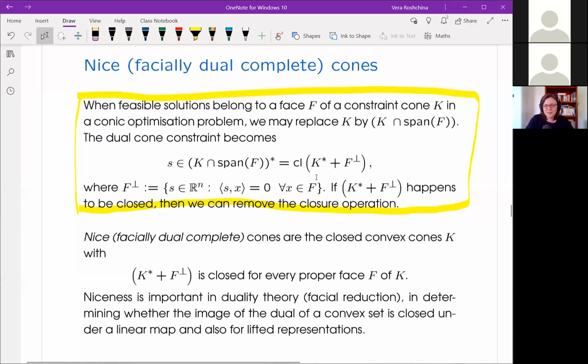All right. So now, the motivation for studying nice cones comes from optimization, and the general idea of what I have highlighted in yellow here is that for certain optimization problems that are formulated using a conic model, there are different ways of writing convex problems.